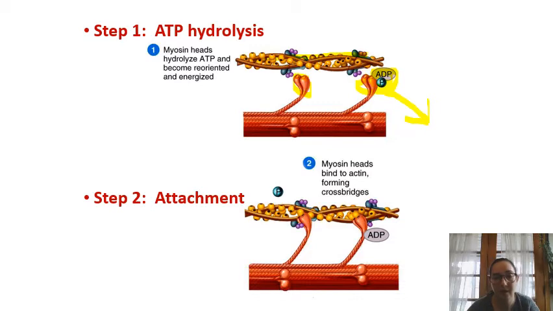Now, I want you to focus in on what's going on around this actin. The actin looks like these little yellow beads up here, but we see a couple other protein molecules associated with that actin. Those other protein molecules are called troponin and tropomyosin.